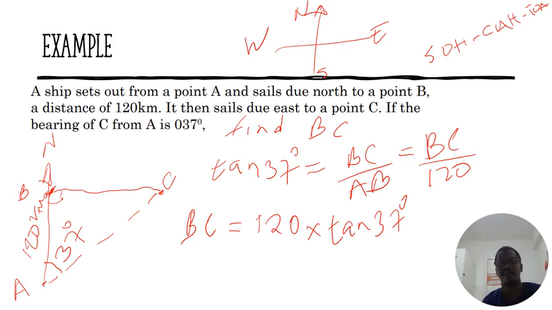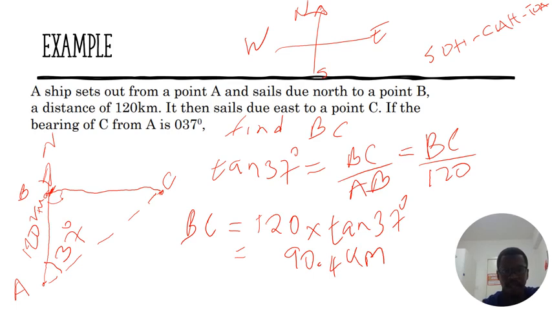Okay, so you do that on a calculator. You punch tan 37 degrees, then you multiply that by 120. It gives a distance of 90.4 kilometers, which means BC will be 90.4 kilometers.